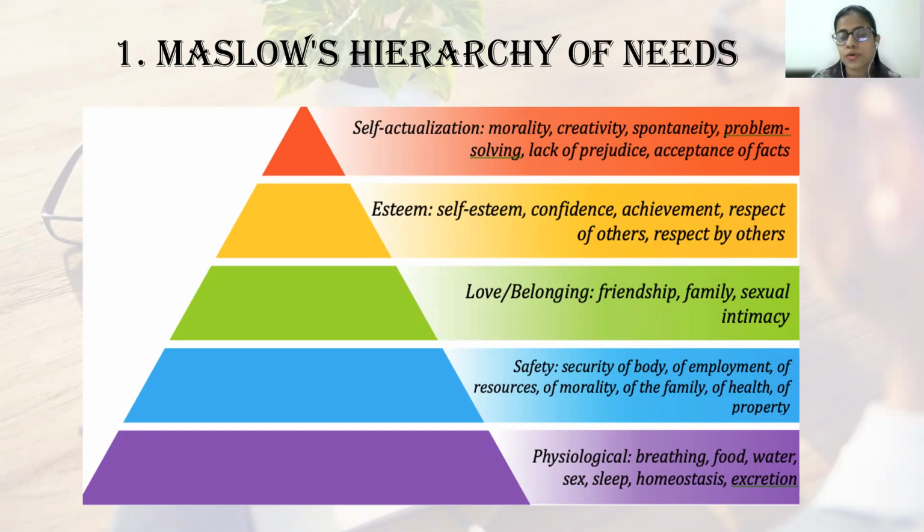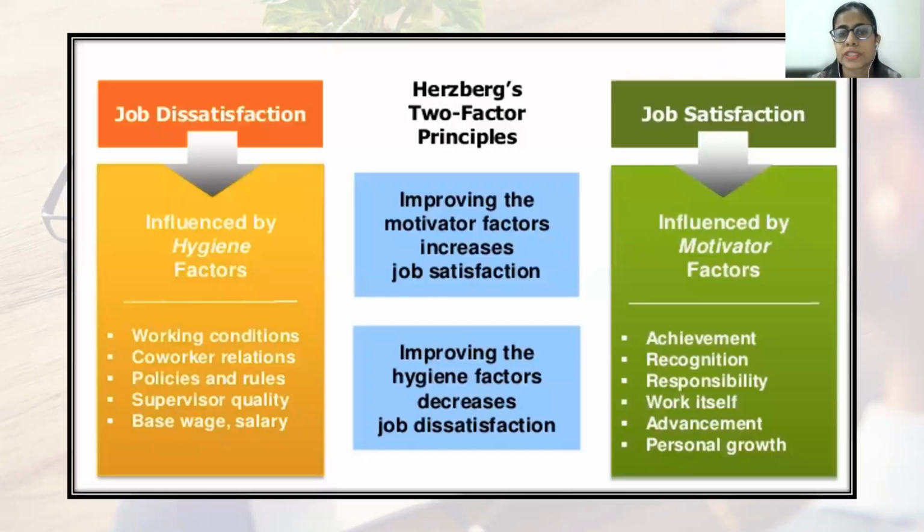The second theory which we have discussed was Herzberg's two-factor theory, which focuses on the hygiene factors and the motivator factors. If hygiene factors are there, they are not going to increase job satisfaction, but if they are not there, then it is definitely going to dissatisfy the employee.